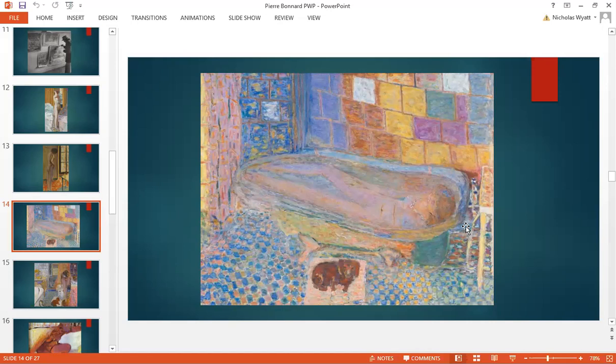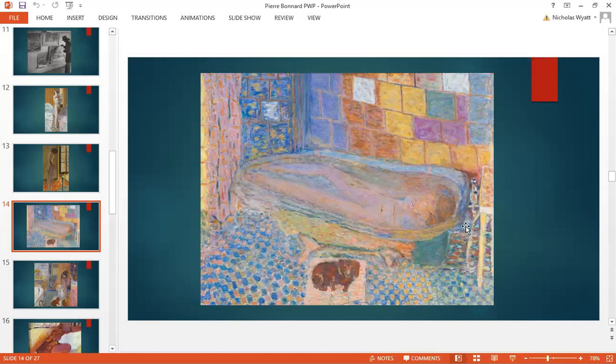And very often in doing that, the artist intensifies, because the intensity of the experience that the artist had, in this case Bonnard, he needs to find an equivalence in the intensity of that experience, and he finds it in the use of colour.